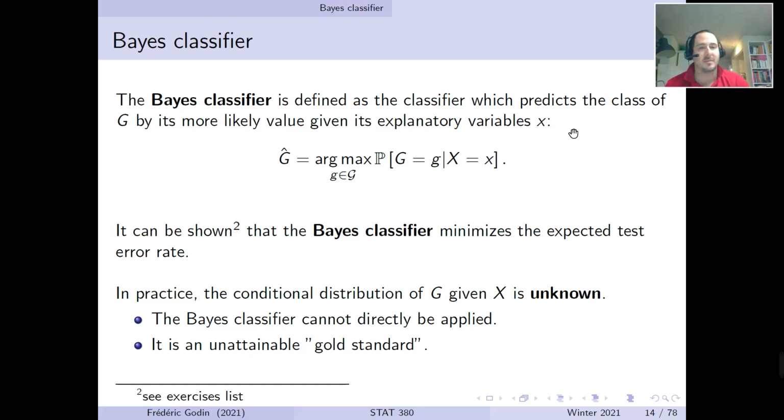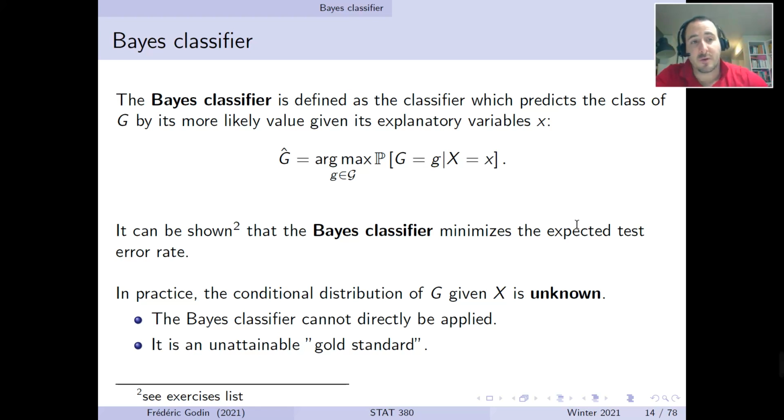So if you have an observation, then the Bayes classifier predicts its class to be the most likely class given the predictors. So the class which maximizes the probability of being in that class for the predictors associated with this observation. Okay, so the conditional probability of being in that class given your predictors.